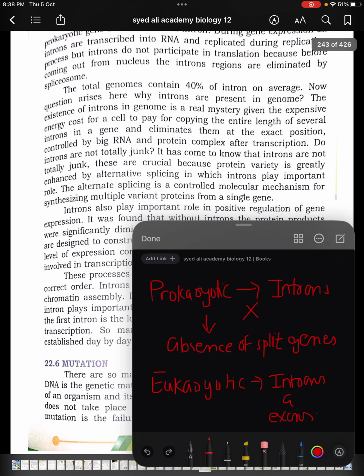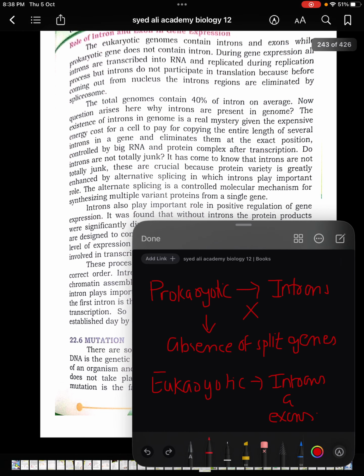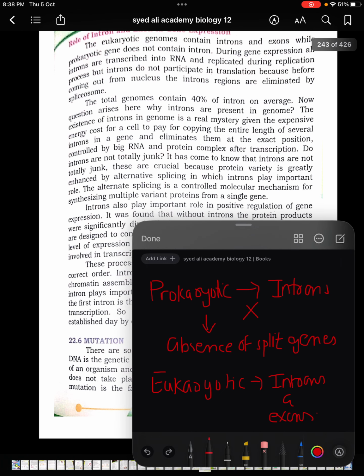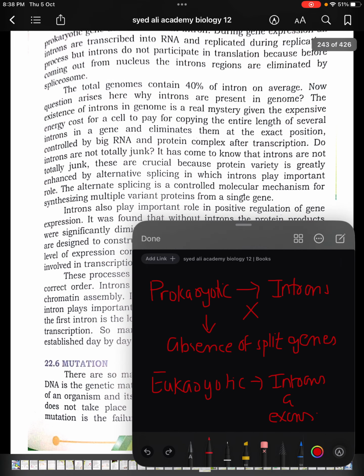During gene expression, all introns are transcribed into RNA and replicated during the replication process, but introns do not participate in translation.